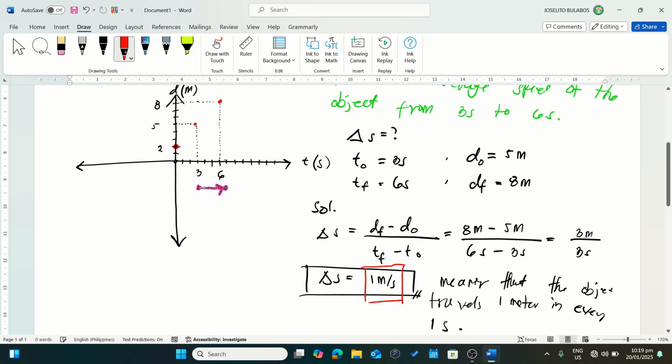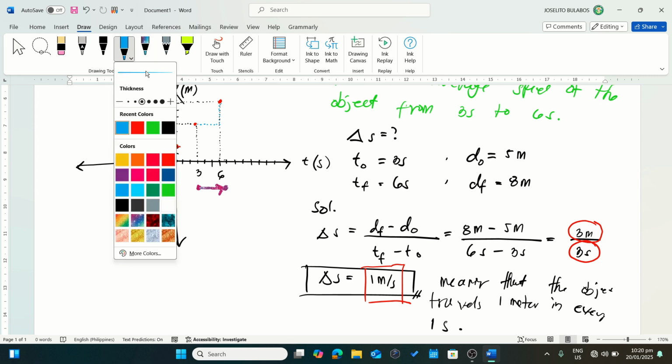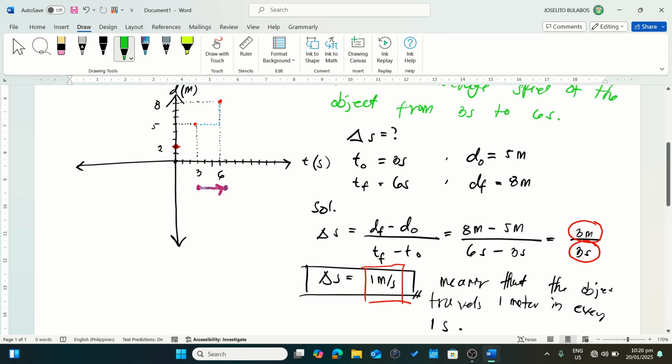If we graphically analyze this value, this 1 meter per second, if we look back earlier, this is 3 meters, this is also 3 seconds. We get this one by this. Okay, so this one has a length of 3 meters, and this one is also 3 seconds.